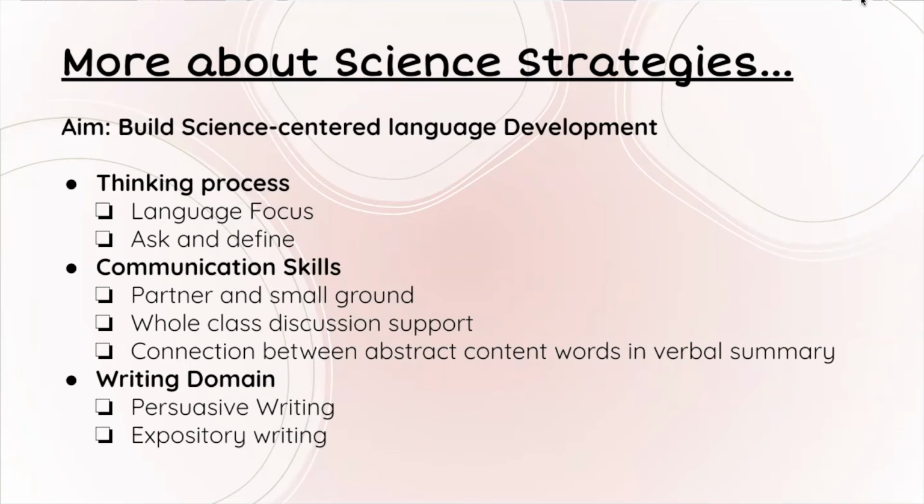The second part is communication skills. This is an important stage in building your science-centered classrooms. You could first allow your students partnership and build companionship with peers in figuring out what possible science solutions could go into their reports, and what language focus they generate together could improve their reports.